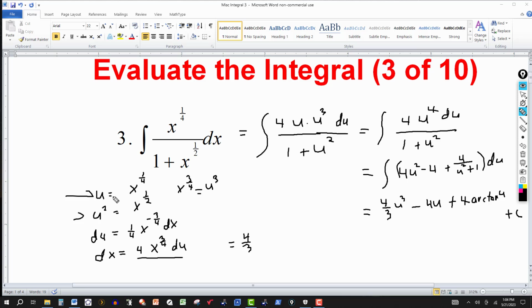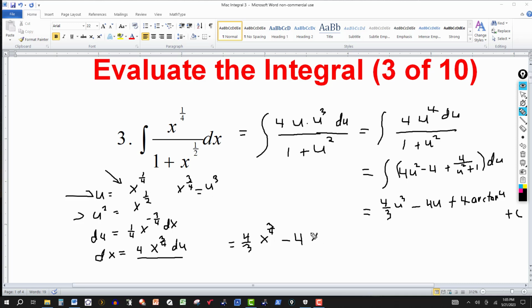If I cube the u, that would tell me u to the 3rd is x to the 3/4 power. And it's minus 4u, but u is x to the 1/4.